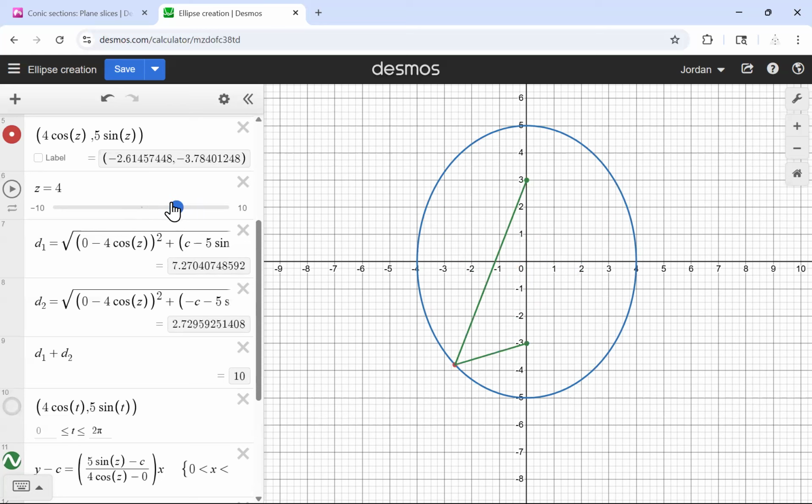But no matter what point you're at, the two numbers are going to change. Here we have essentially 8 and 2 adds up to 10. So the two numbers are going to change, but they're always going to add up to 10 for this ellipse. Again, if it's a different ellipse, then it'll be a different number.